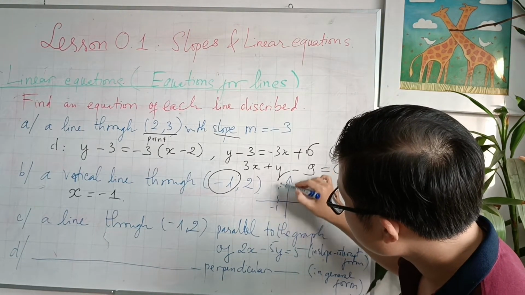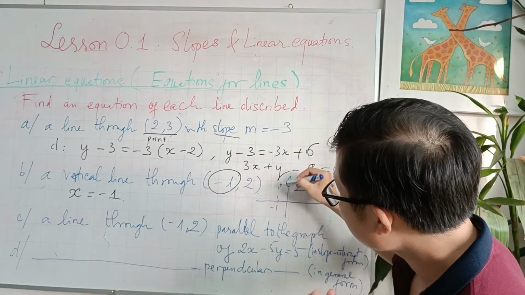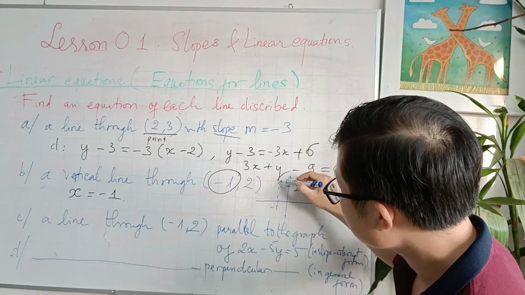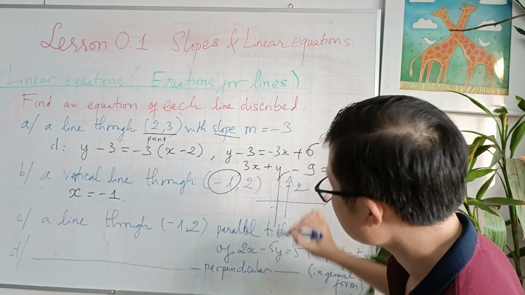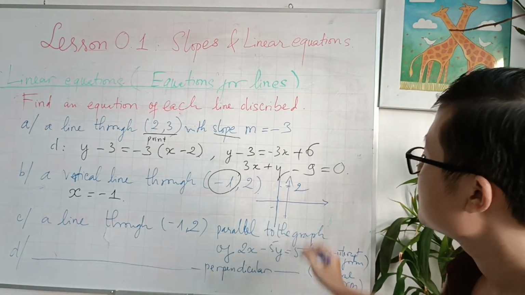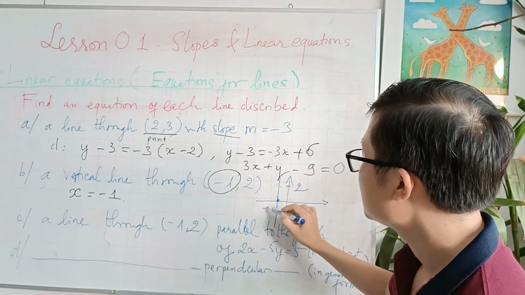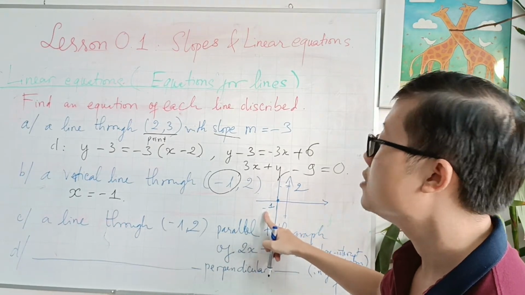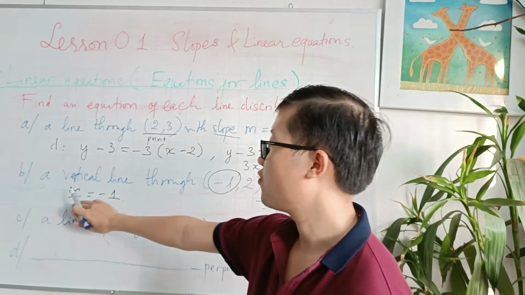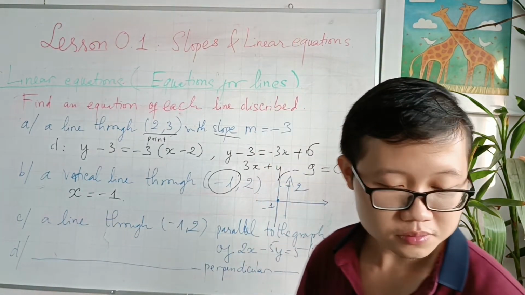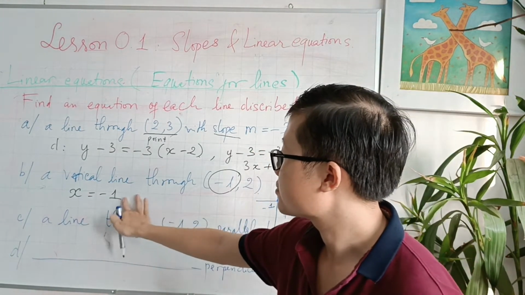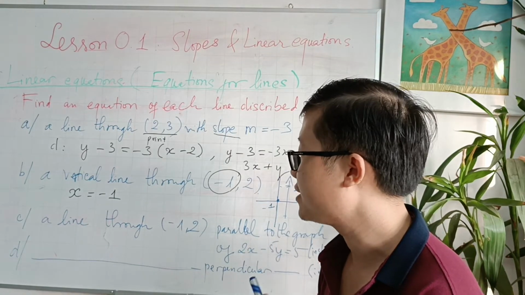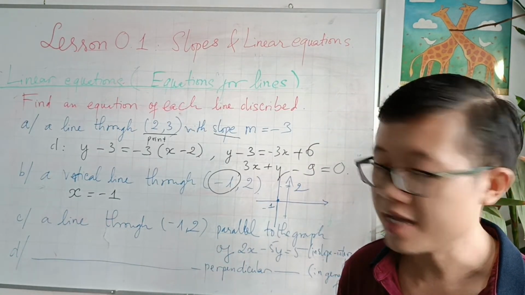So we just sketch the line; it goes through the points where x equals negative 1. So we have this form, x equals a constant. It's a very special line. Okay, that's questions A and B.